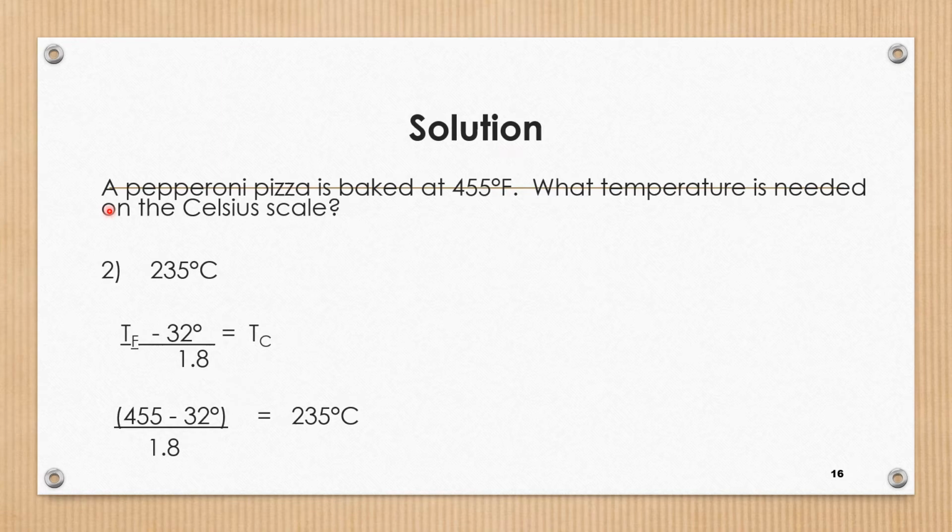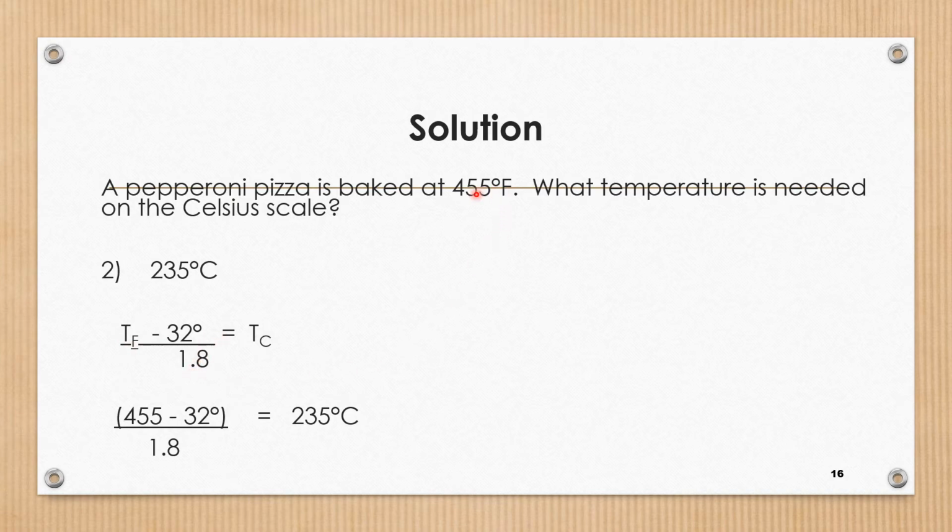Solution. A pepperoni pizza is baked at 455 degrees Fahrenheit. So what is the temperature needed in degrees Celsius? The answer is 235 degrees Celsius. Why? From our formula, degrees Fahrenheit minus 32, over 1.8.